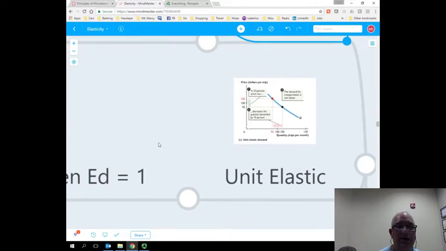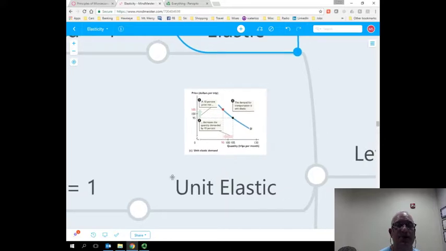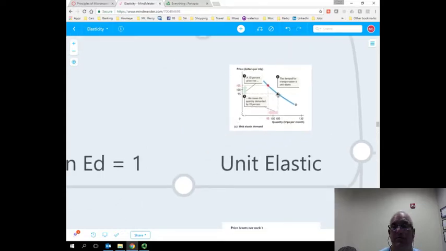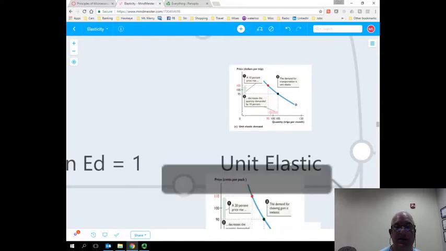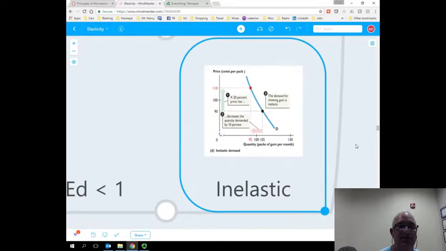The next category would be unit elastic. Unit elastic is where the percentage change in price equals the percentage change in quantity. So it equals 1. When you calculate that, it would equal 1, and it would be illustrated like this. And then the third scenario is something inelastic.